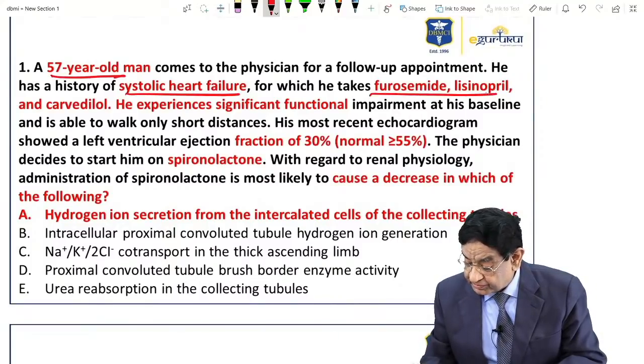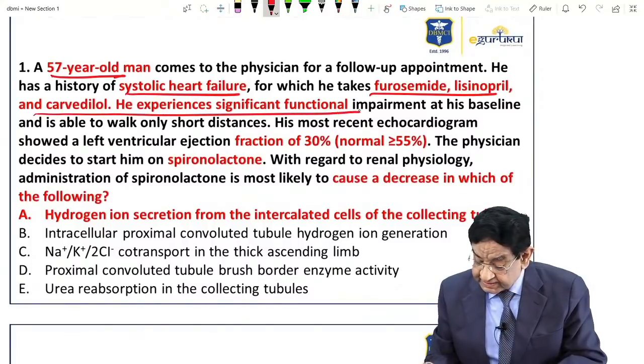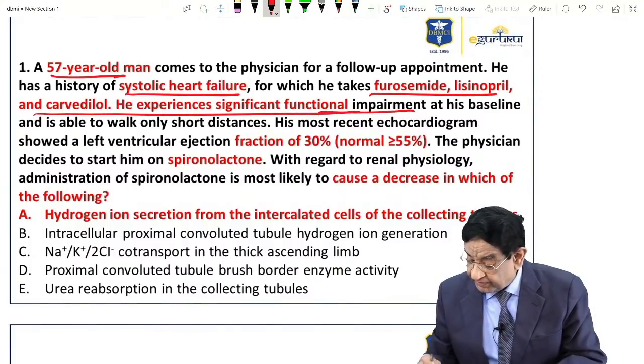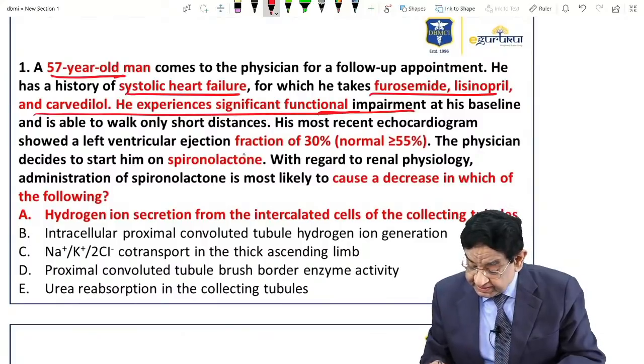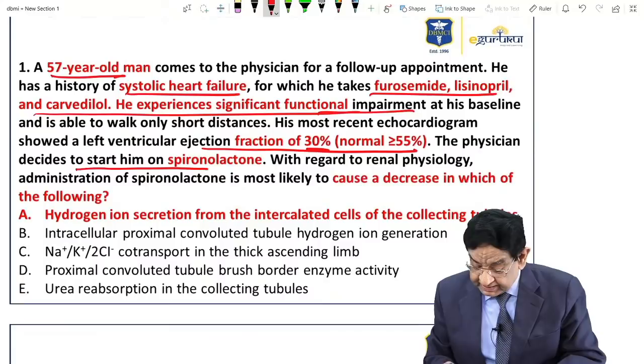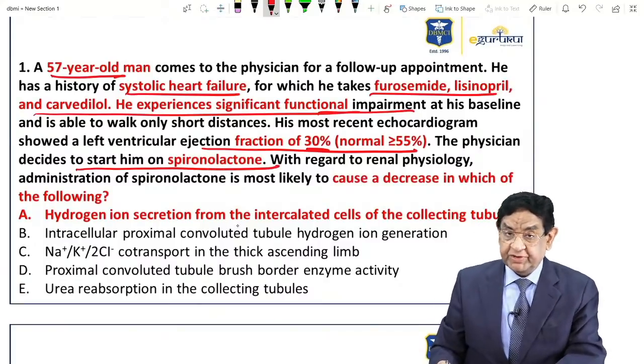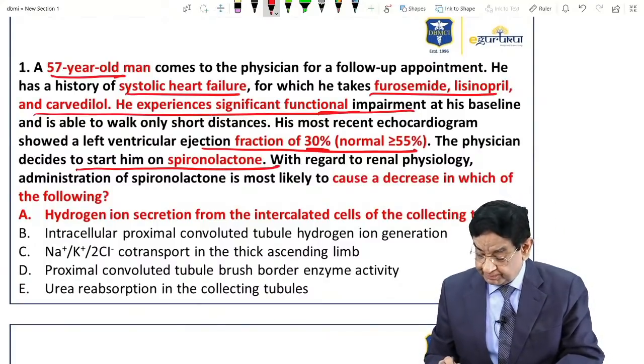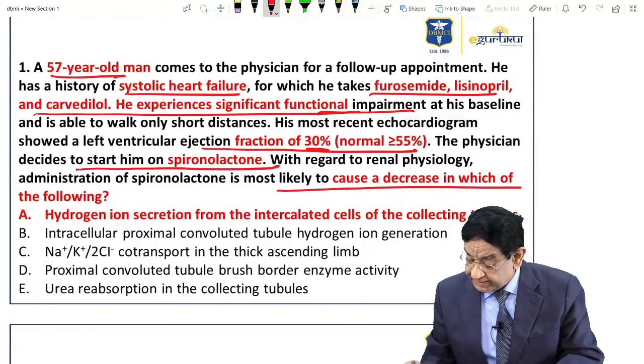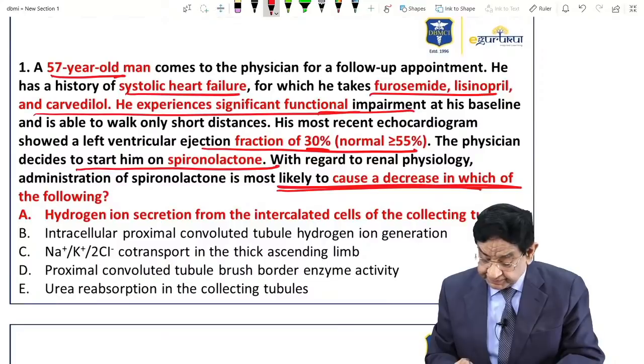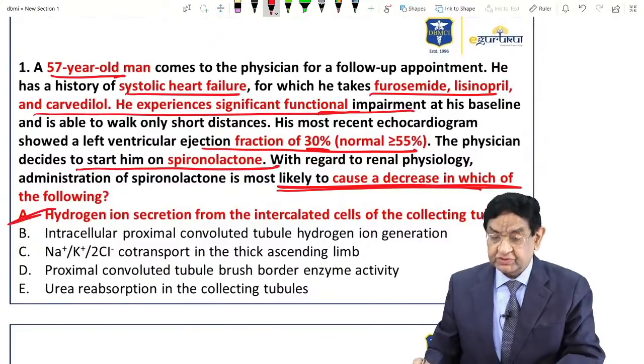He is taking furosemide. Still functional impairment is there. Ejection fraction is 30%, and he is given an additional diuretic, spironolactone. Okay, this is going to decrease which of the following? The answer of this question is A.